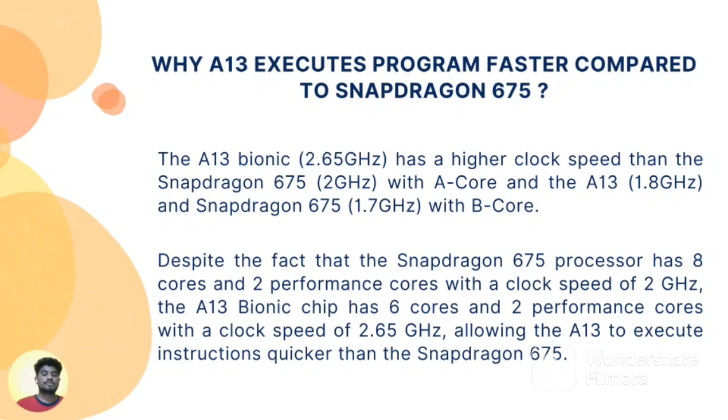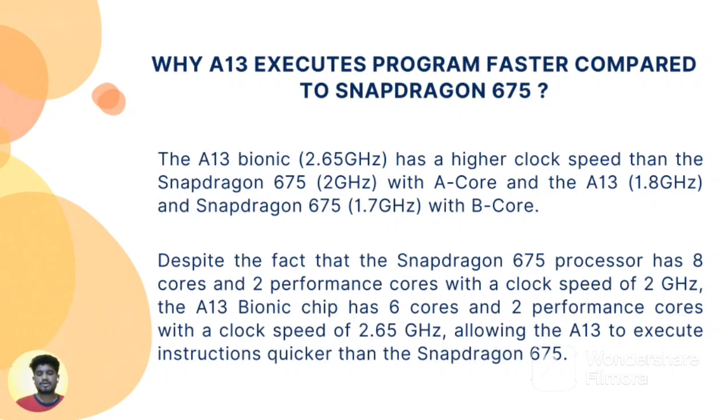Over here, the A13 Bionic chip's performance cores are clocked at 2.65 gigahertz, as compared to Snapdragon, which is just 2 gigahertz. So there is a variation of 0.65 gigahertz, which is huge. And A13's efficient cores have just 1.8 gigahertz of speed, compared to the Snapdragon 675's 1.7 gigahertz. So the difference is 0.1 gigahertz.